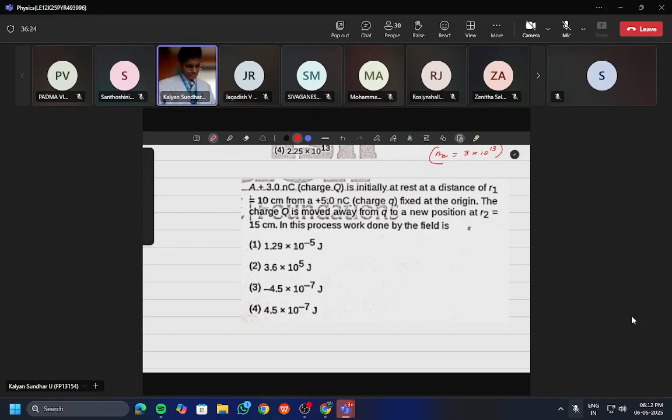Ajit, present. Akhilesh, there. Arun Bharati, Guhan, Hariharan J. Present, sir. Harish Kumar, present, sir. Hari Varshan, yes sir.